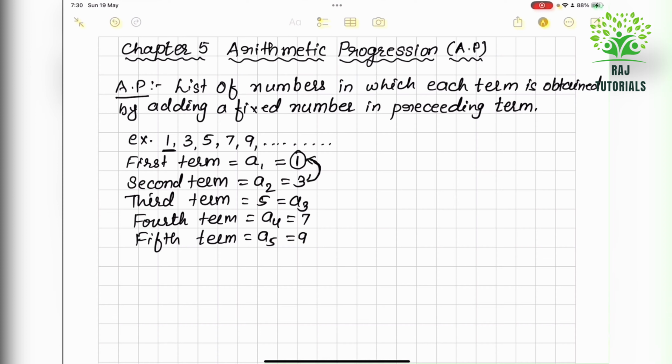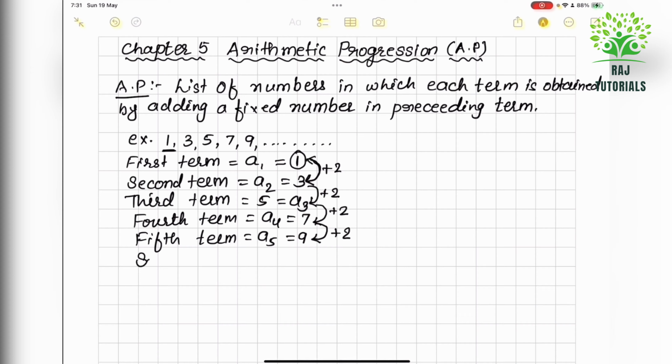Now if you see carefully, if I add 2 in this number, I will get this number. So plus 2 I am doing. Again if I add plus 2 in that, I will get 5. If I add plus 2 in that, I will get 7. If I add plus 2 in that, I will get the next term.